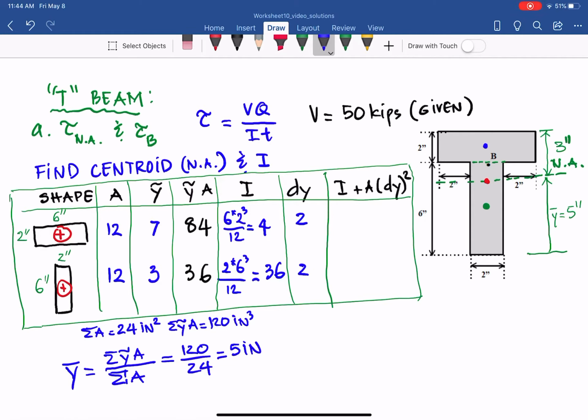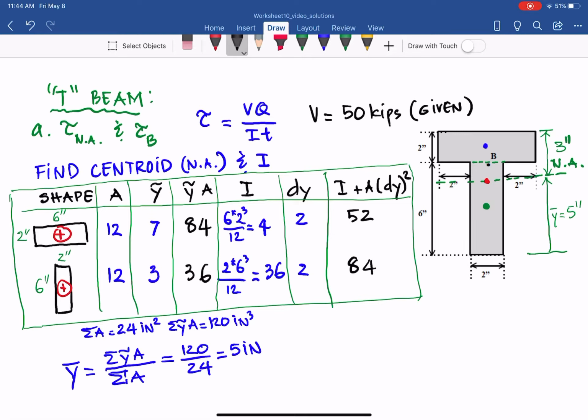So now we just go ahead to complete I plus A dy square. We already have all of that. It will be equal to 52 inch power 4, and that one is equal to I, 36, plus A, 12 times 2 square, so we will have 84.